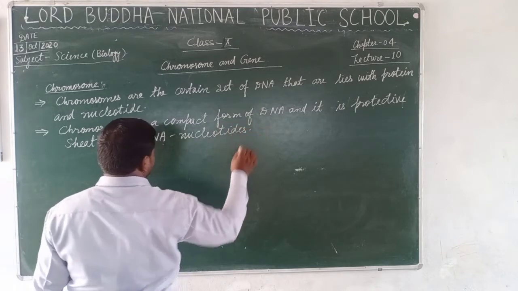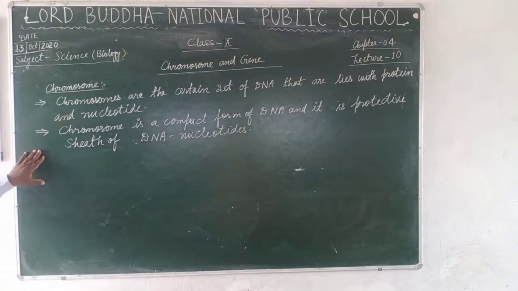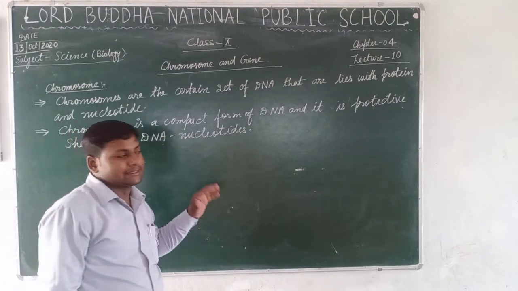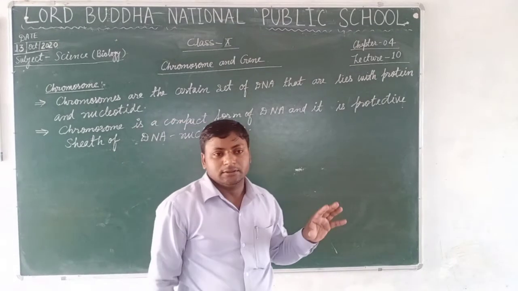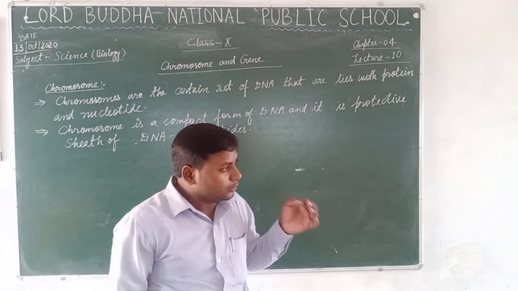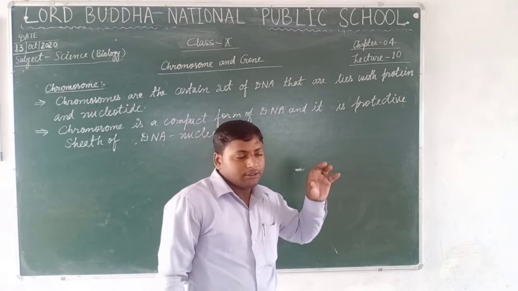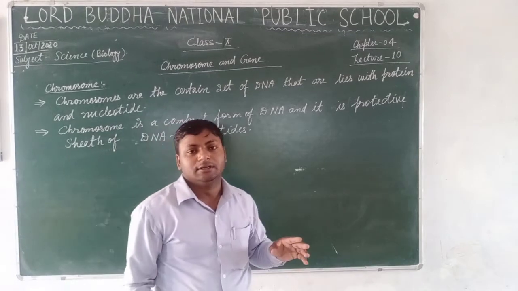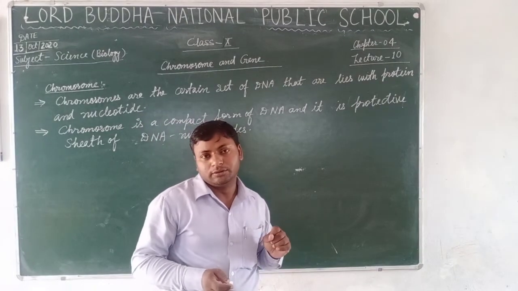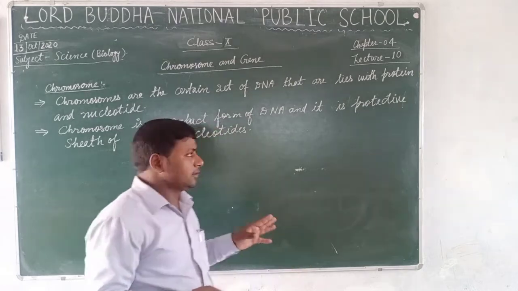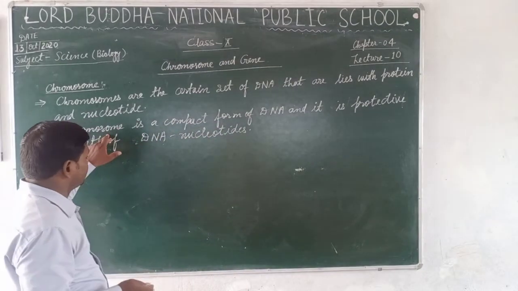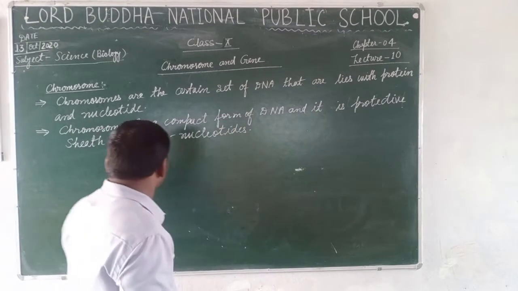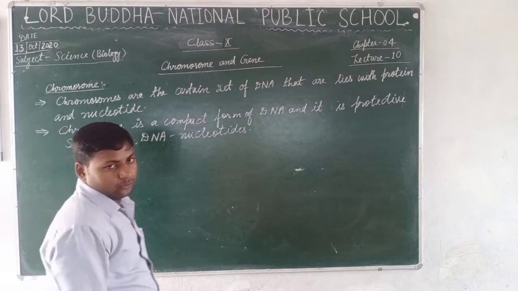Because a certain trait is located at a different locus inside the chromosome, and pairs of nucleotides, it means 2 or 3 nucleotides of DNA, combine to form a genetic code, and those genetic codes lie inside the chromosome. Hence, we can say that the chromosome is the protective sheath of DNA nucleotides.